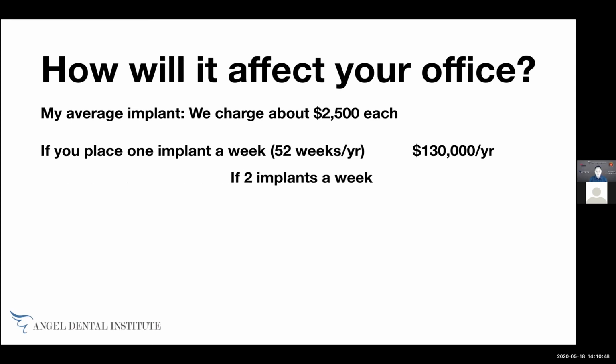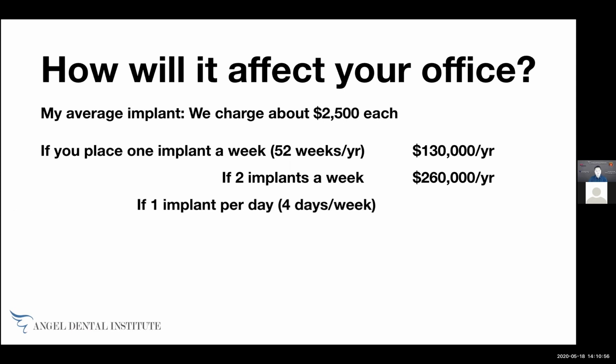How about if you place 2 a week? Obviously, you double that, you get $260,000 a year. How about if I place one implant per day and I only work 4 days? I have 3 days off. So we place one implant a day, 4 days a week. That is $520,000 a year.